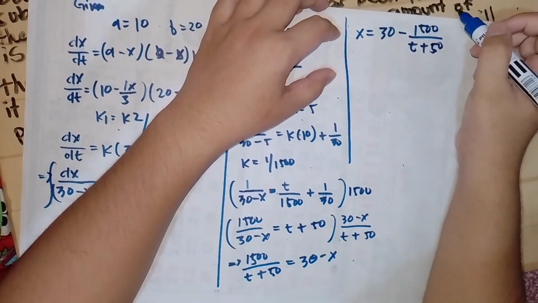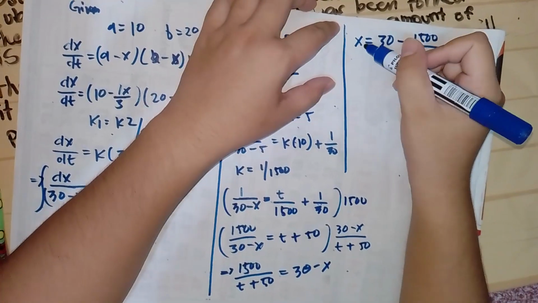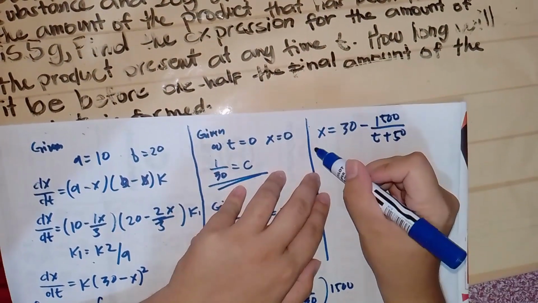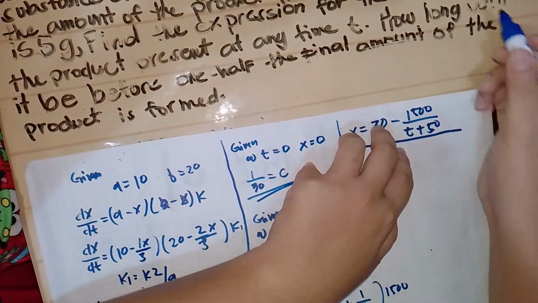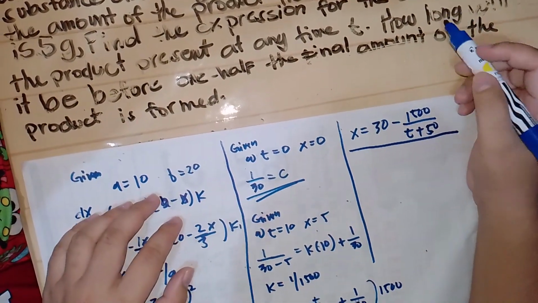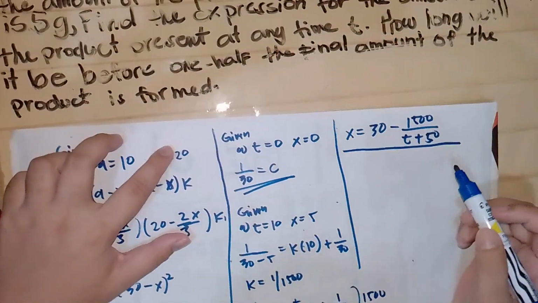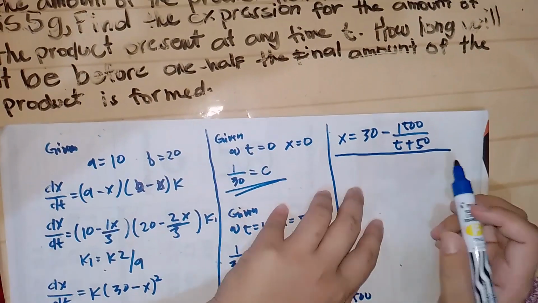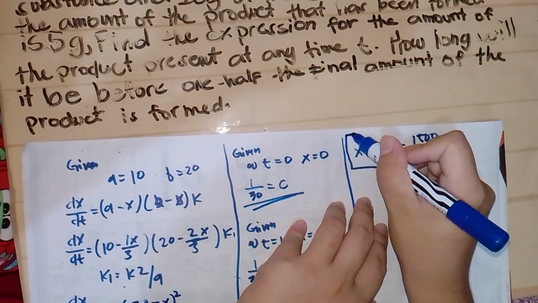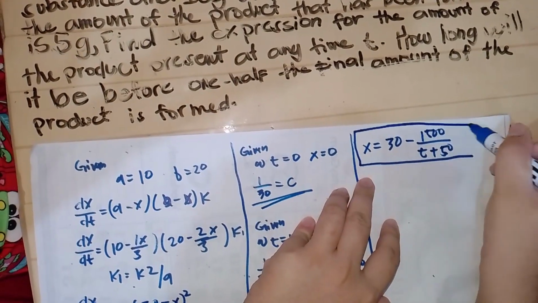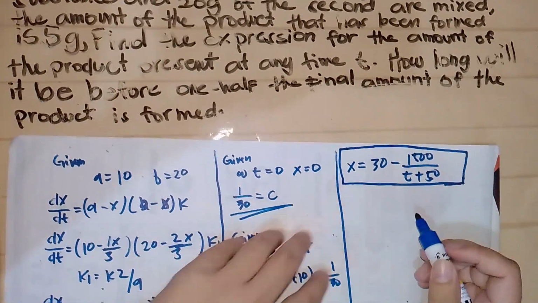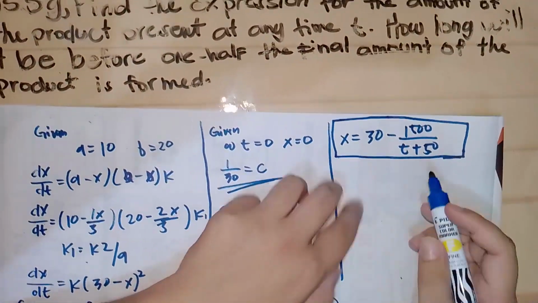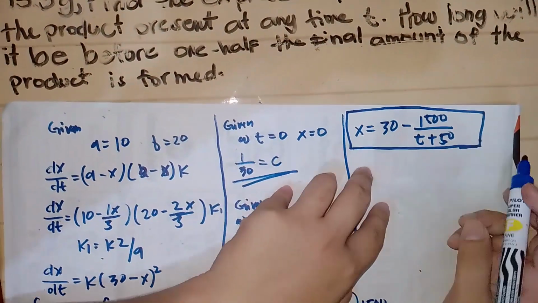This will be the answer for our first problem, which is to find the expression for the amount of the product present at any time t. So x is equal to 30 minus 1,500 over t plus 50.